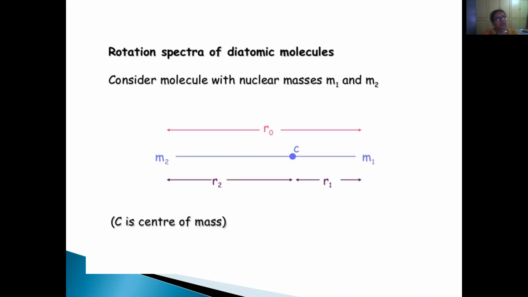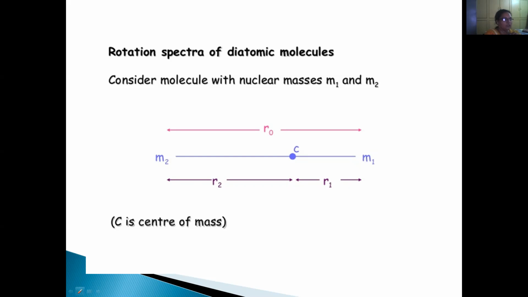Consider a molecule with nuclear masses m1 and m2, and suppose this is the center of gravity.